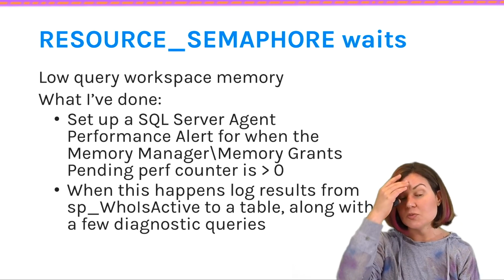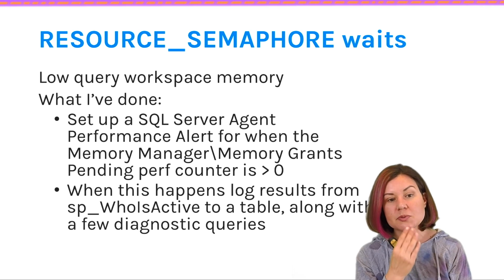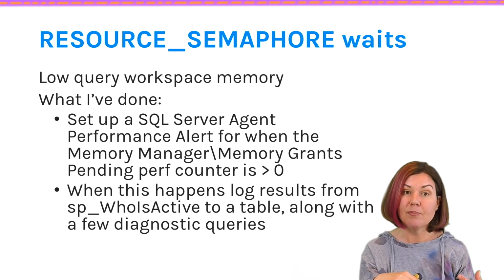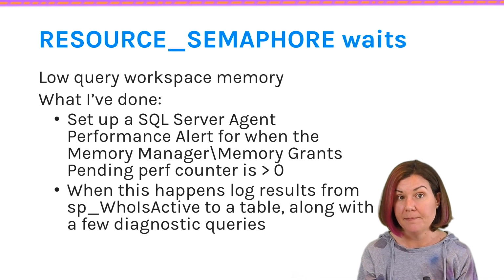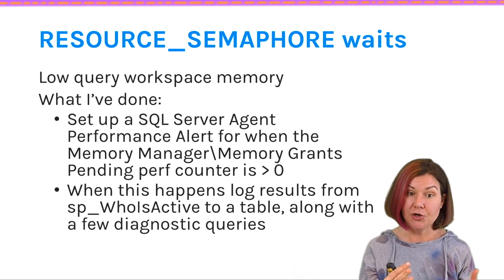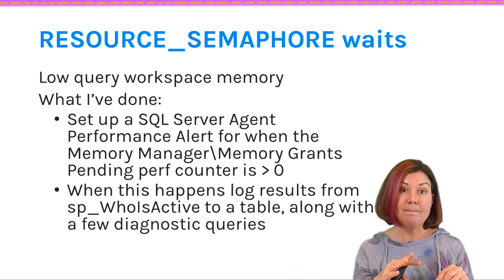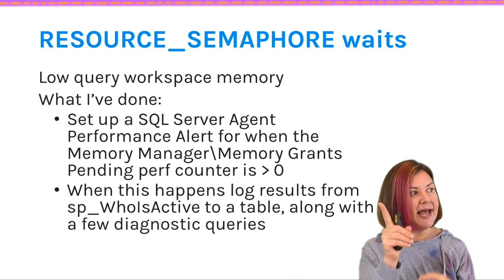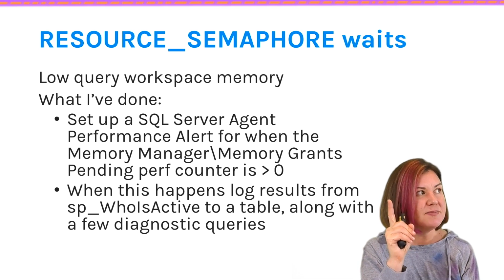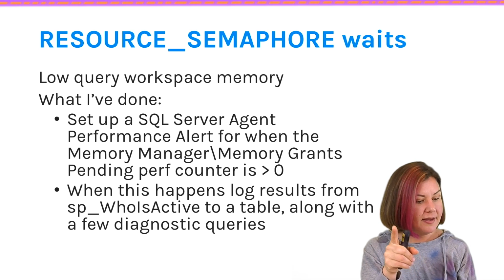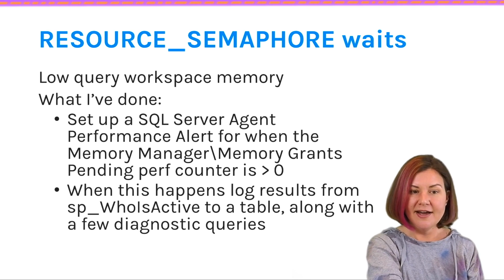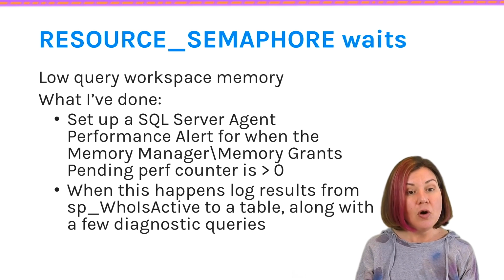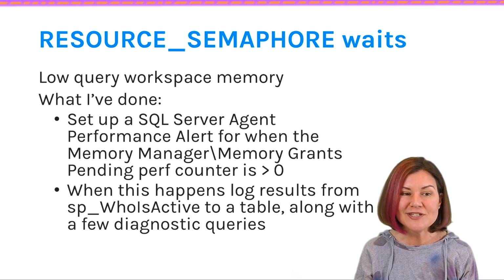So I had a case where this wait was happening, performance was getting really bad. And what we did is set up a performance alert in the SQL Server agent that looked at a perf counter called Memory Manager Memory Grants Pending. Actually, there's two counters. There's Memory Grants Pending, and there's Memory Grants Outstanding.